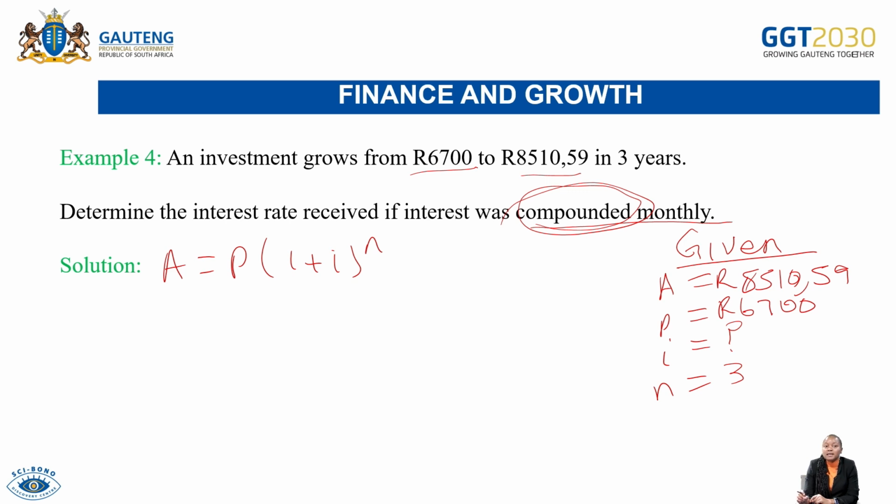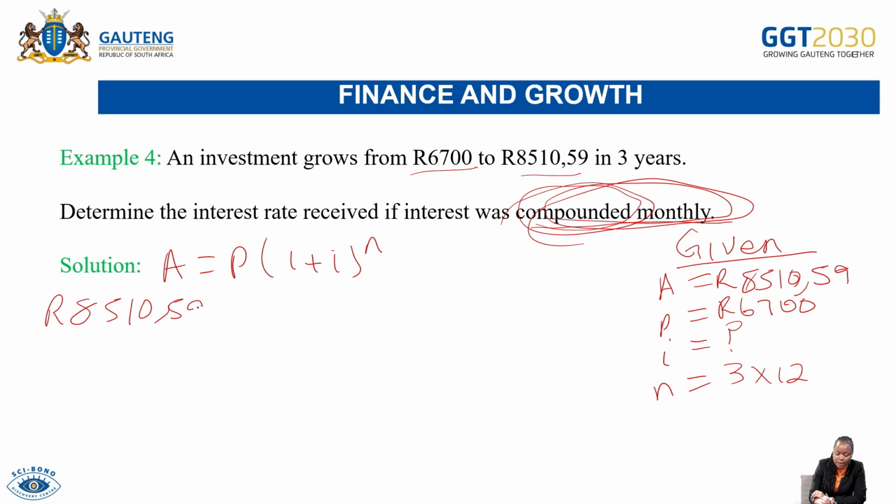Okay, so if they say determine the interest rate received if the interest was compounded monthly, don't forget the compounding period. You need to multiply your number of years by 12, because you have got 12 months in a year, right? Okay, so let's substitute all our values. You've got your A, it is given as 8,510.59 cents.